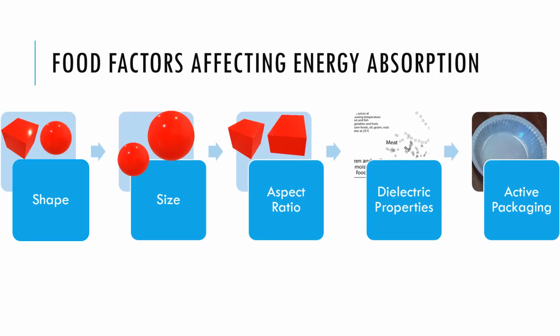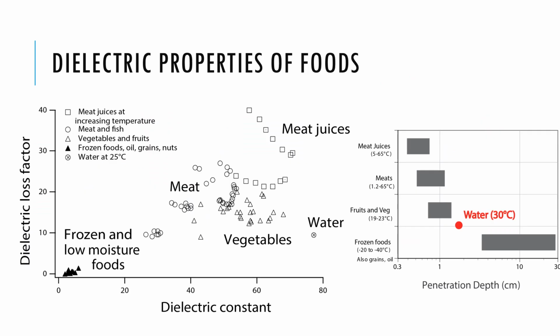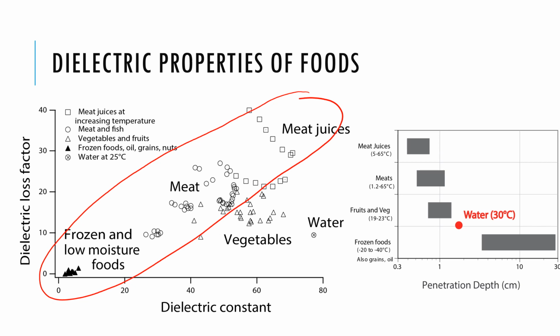Another important factor in microwave energy absorption in the food in a microwave oven is, of course, the food dielectric properties. As already discussed under dielectric properties, the food dielectric properties cover a huge range. Microwave power penetration also varies significantly.